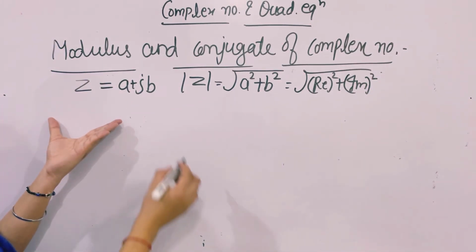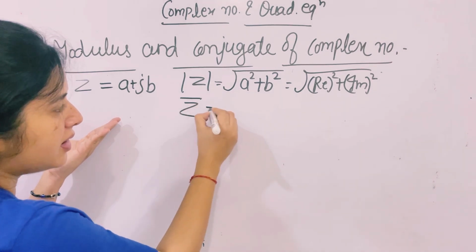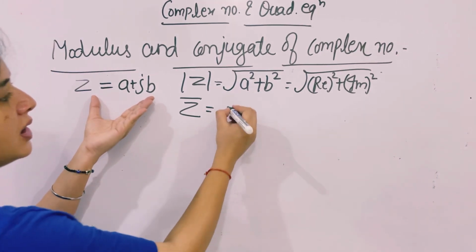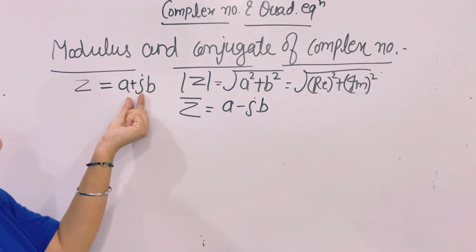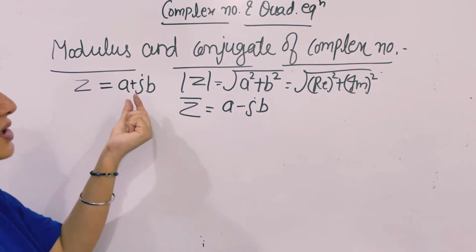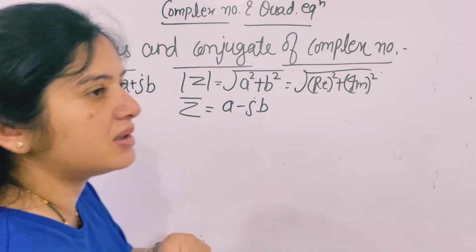And the conjugate of this complex number will be z bar and will be a minus iota b. It means you have to change the sign of iota. If it is plus, it becomes minus. If it is minus, it becomes plus.